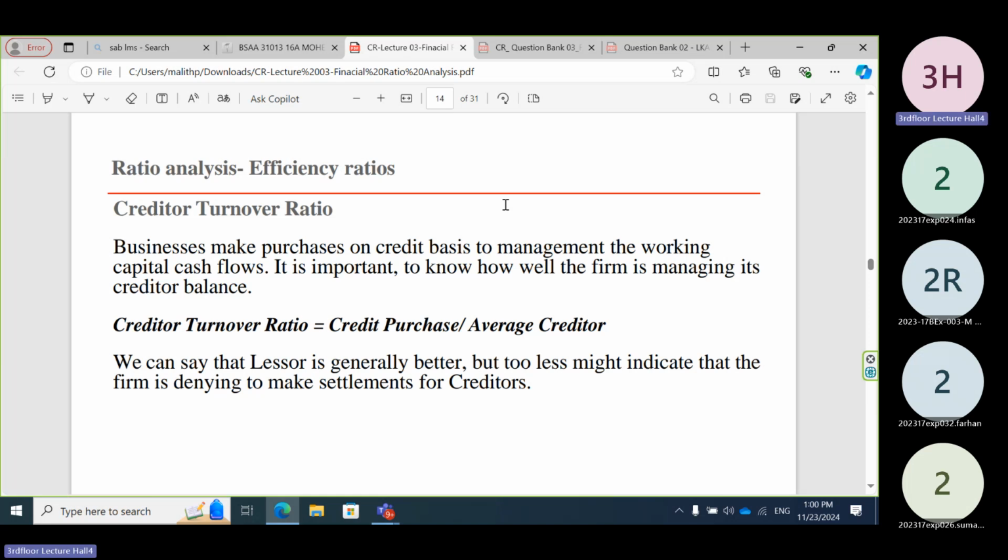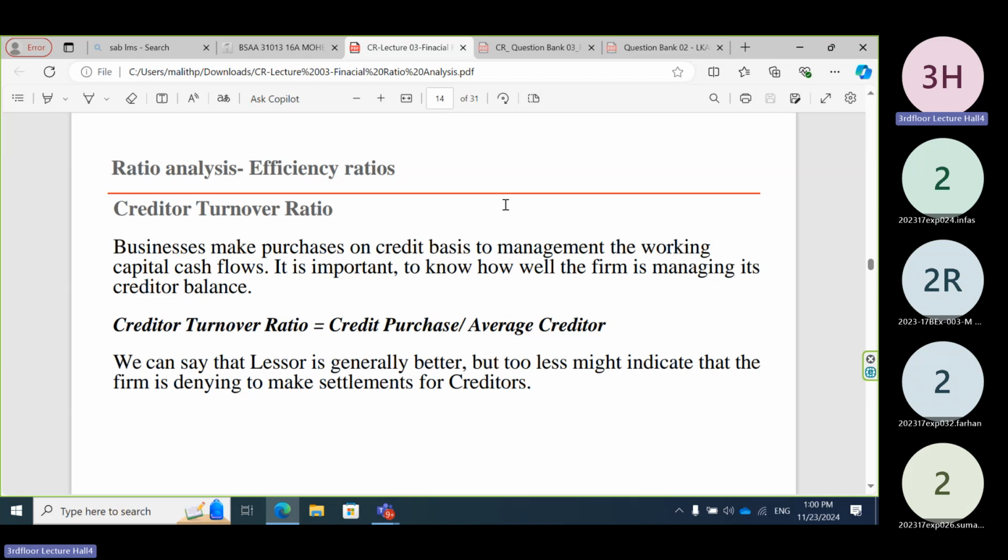Too less, smaller values may not be the best target. You need to manage it because your vendors are also a critical part of your business. To have a quick operating cycle, your vendors give a good contribution.